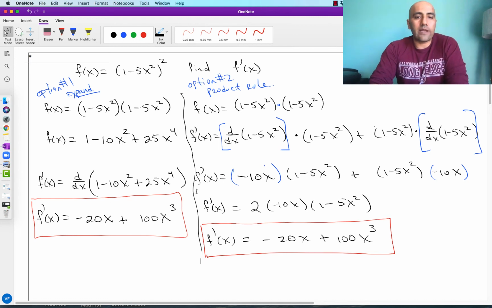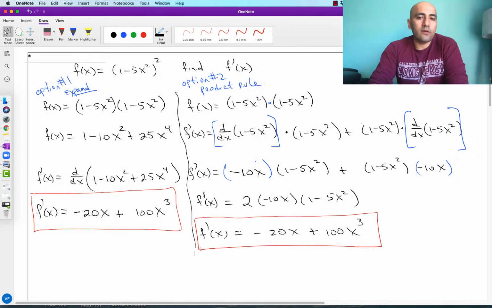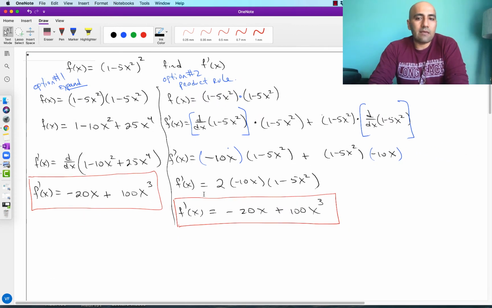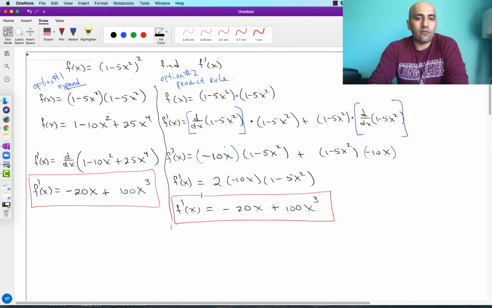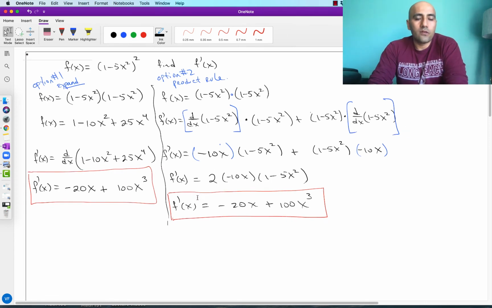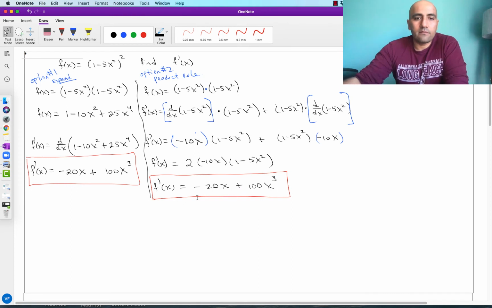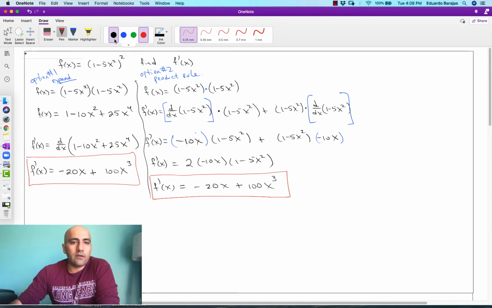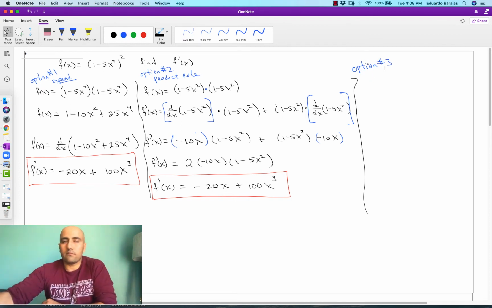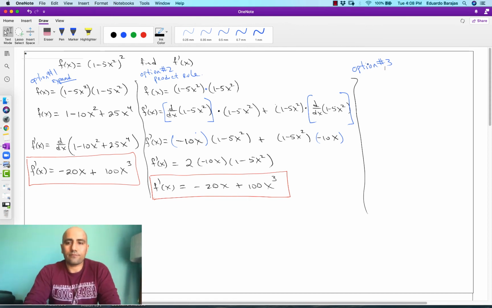Okay, that's two great options, but we want to explore how we would get the exact same answer using our newfound formula, our newfound rule. So let's come over here and use this new rule. So now option 3. Option number 3, and this is called the general power rule.